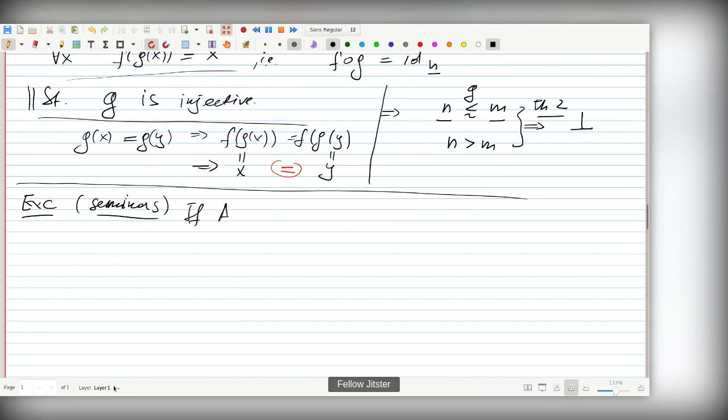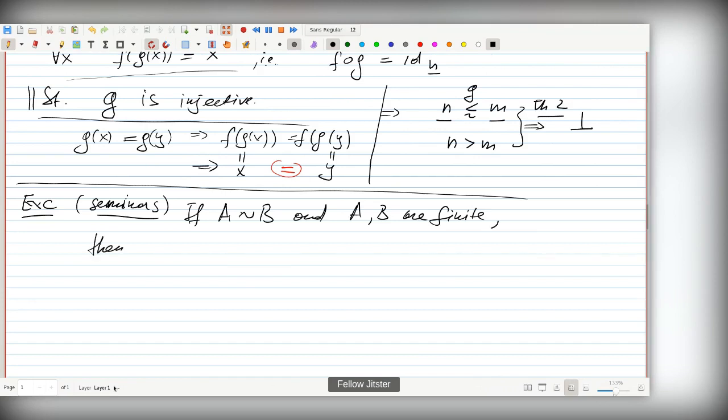If A and B are finite, and A is equivalent to B, let me state it more symmetrically. Assume that we have two finite sets which are equivalent to each other.